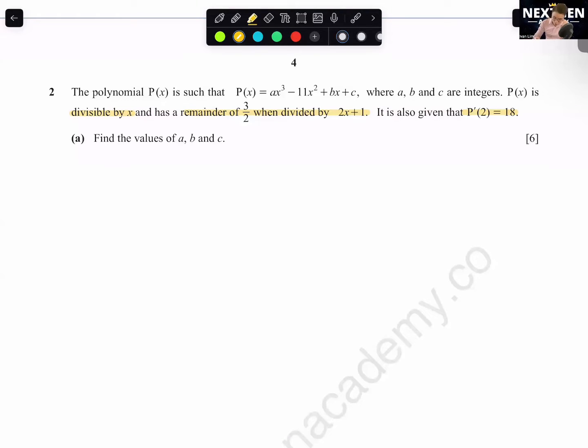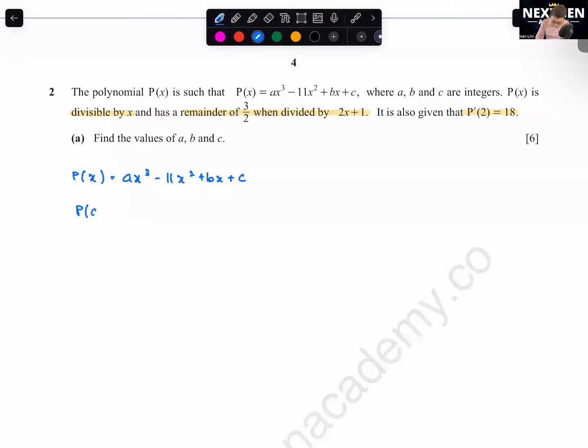So now let's start. There are 3 equations that we can construct here. First one, let's write down the equation first. P(x) is equal to ax cubed minus 11x squared plus bx plus c. Divisible by x means x will be equal to 0.